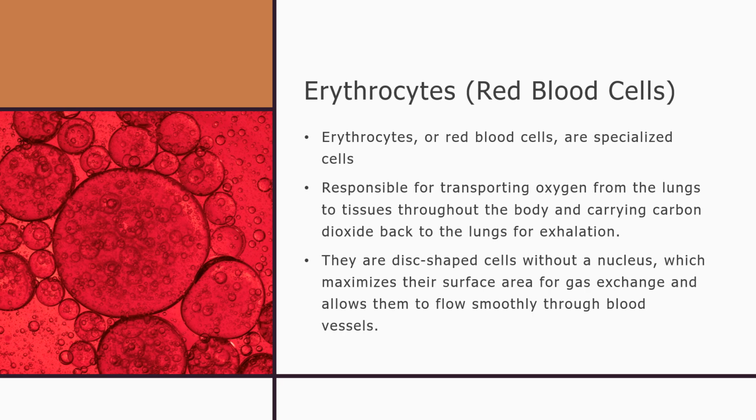Erythrocytes, red blood cells, are specialized cells. They're responsible for transporting oxygen from the lungs to tissues throughout the body and carrying carbon dioxide back to the lungs for exhalation. They are disc-shaped cells without a nucleus, which maximizes their surface area for gas exchange and also allows them to flow smoothly through the blood vessels.